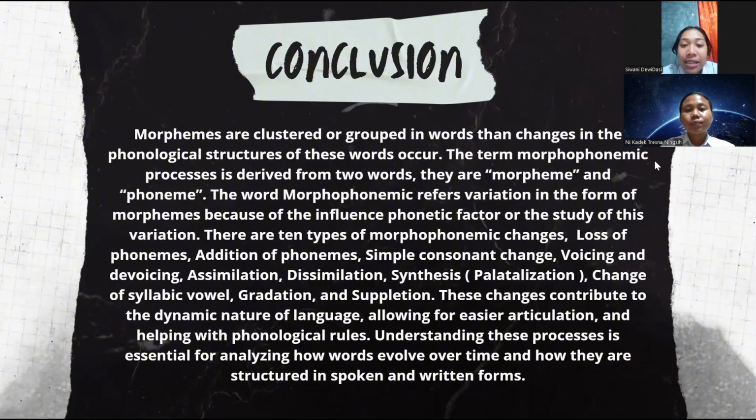There are 10 types of morphophonemic changes: loss of phonemes, addition of phonemes, simple consonant changes, voicing and devoicing, assimilation, dissimilation, synthesis or palatalization, change of syllabic vowel, gradation, and suppletion.